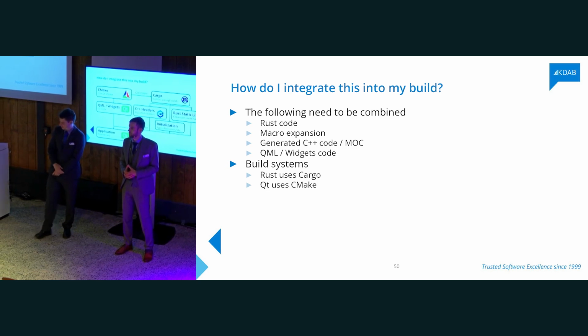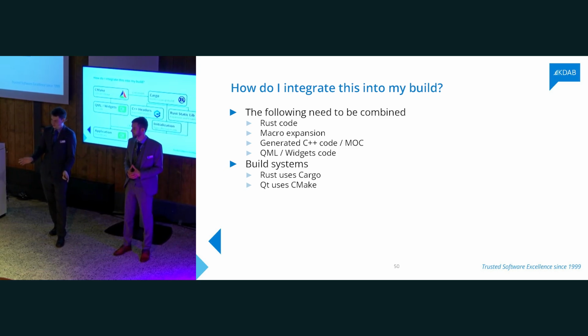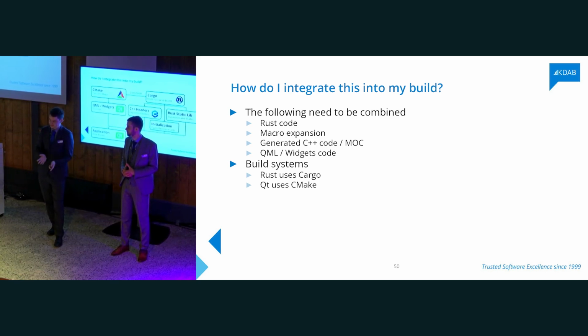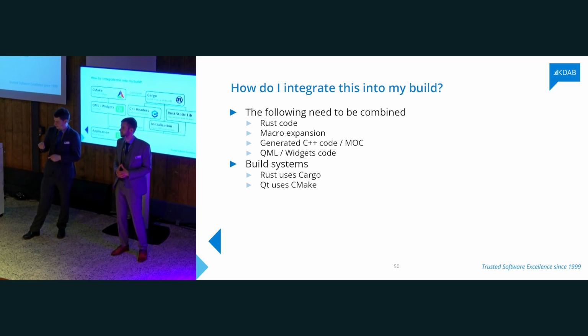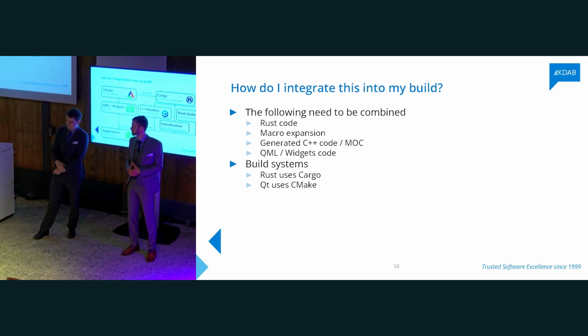And then this is combined together with your existing QML and widgets code, and everything is linked in CMake together as usual. So this allows you to easily take part of your application and link a Rust module for just part of your backend.